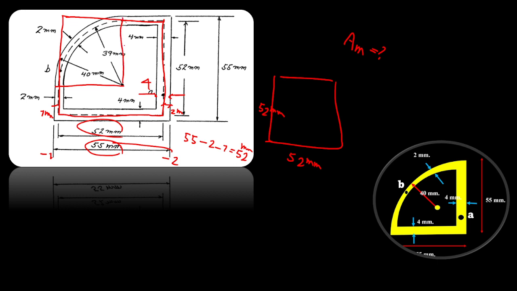This radius is again 39, and we subtract this part, a smaller square of 39 by 39, and then add this part to have our shape.